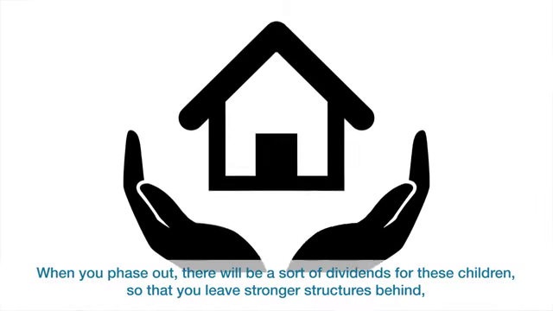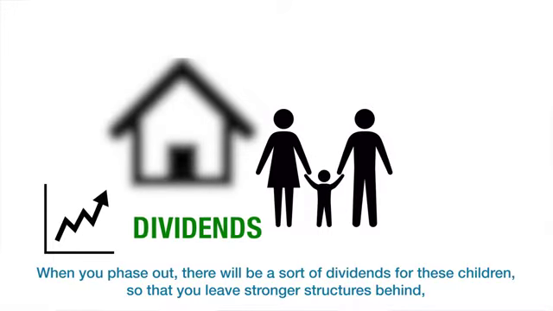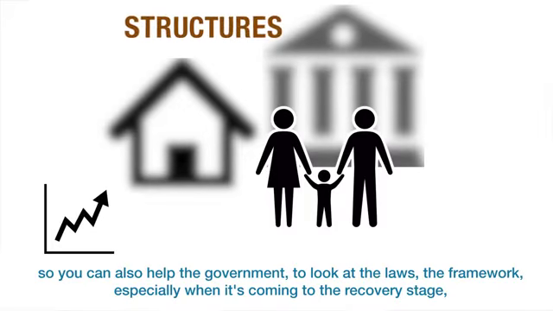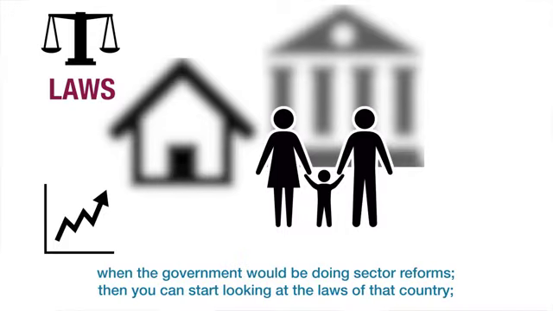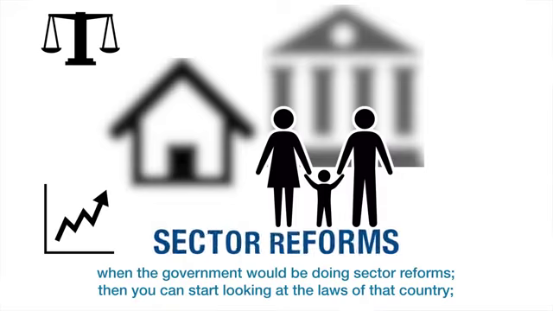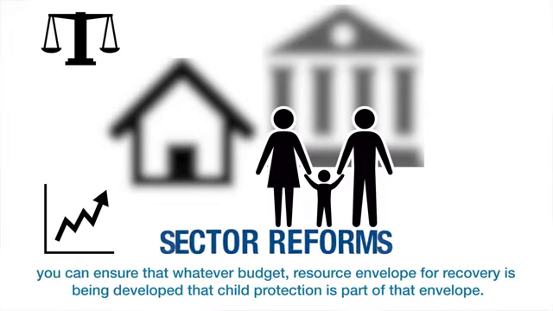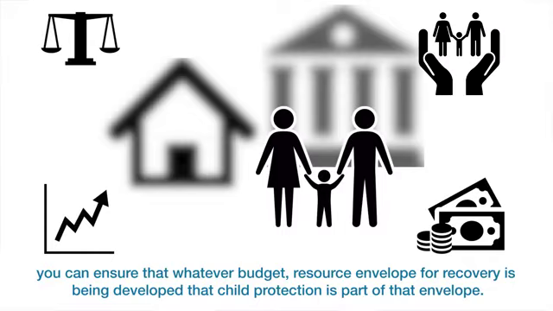When you phase out, there will be a dividend for these children, so that you leave stronger structures behind. You can also help the government to look at the laws, the framework, especially when it's coming to the recovery stage, when government would be doing sector reforms. Then you can start looking at the laws of that country. You can ensure that whatever budgets and resource envelope for recovery is being developed, that child protection is part of that envelope.